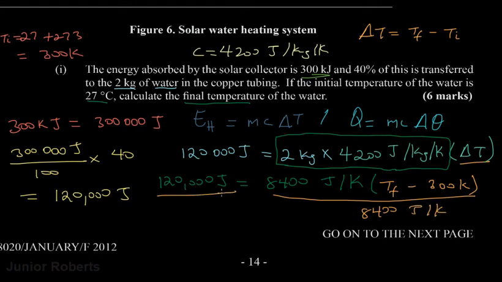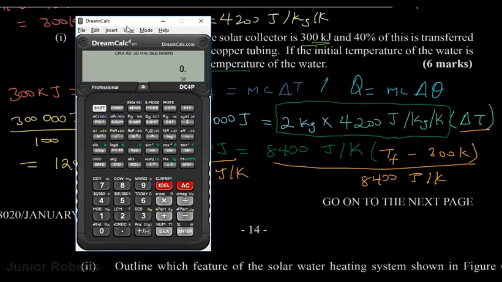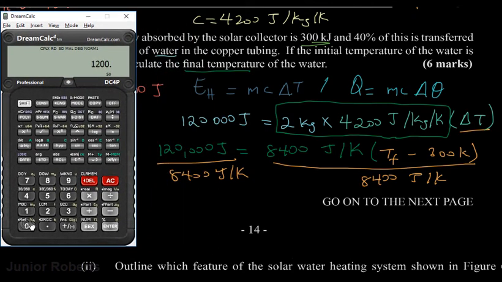Now when we simplify this side, taking our calculator, 120,000 divided by 8,400 gives us an answer of 14.29. In this case for our unit, joule will cancel joule, and we have per Kelvin in the denominator, so it's going to come up to the top as Kelvin.